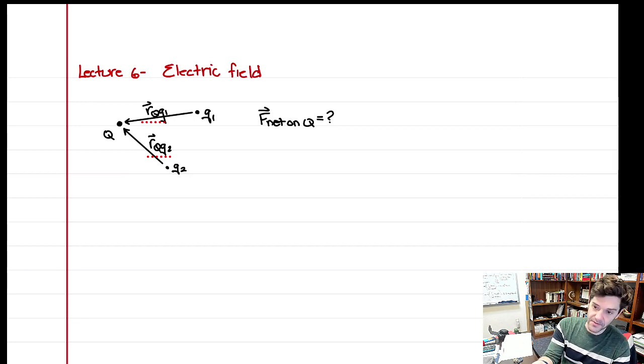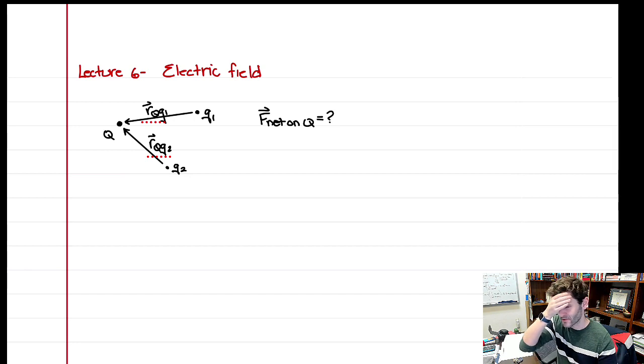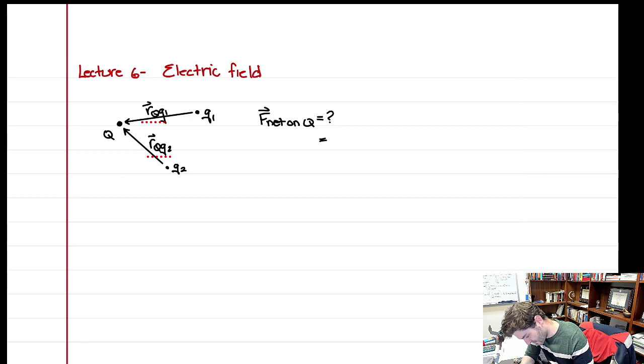Given those vectors, I can then calculate their magnitude. I can then calculate the unit vector corresponding to them. And I could write down that F net in this case is going to be F on big Q from Q1 plus F on big Q from Q2.